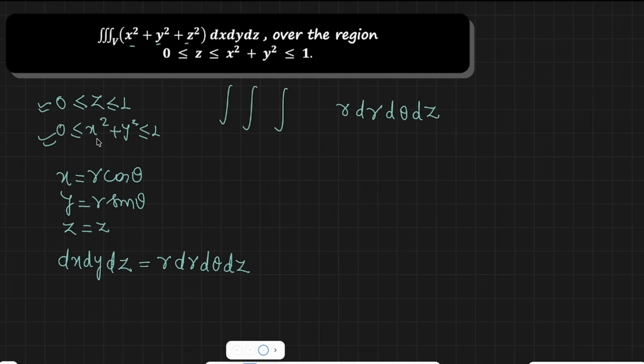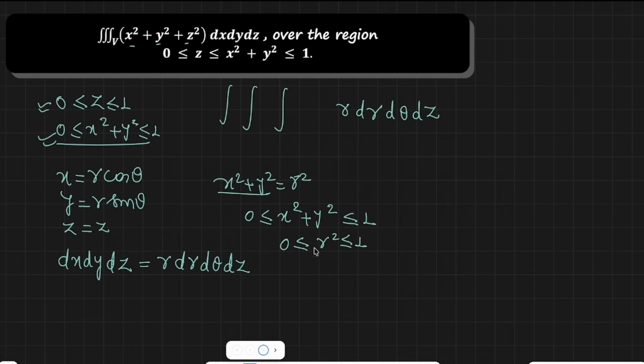Because x square plus y square is r square, we have 0 less than r square less than 1. If I take the square root on both sides, the limit of r will be 0 to 1, because I am first integrating with respect to r. Now what is the limit of theta?